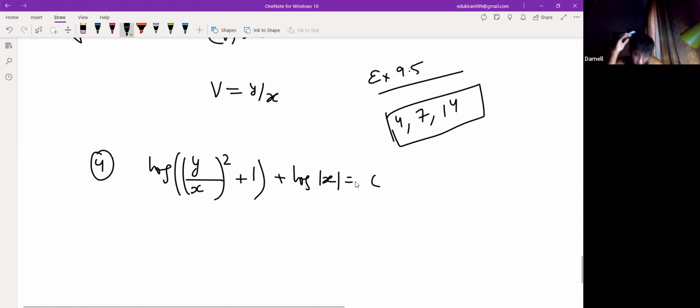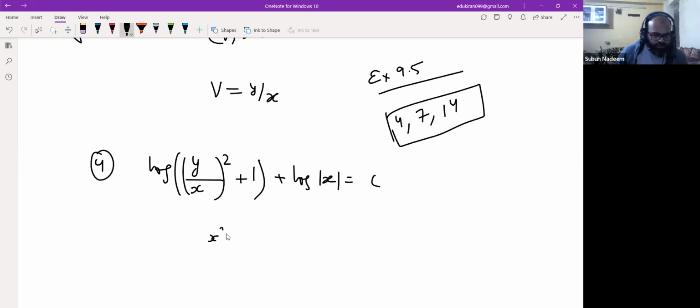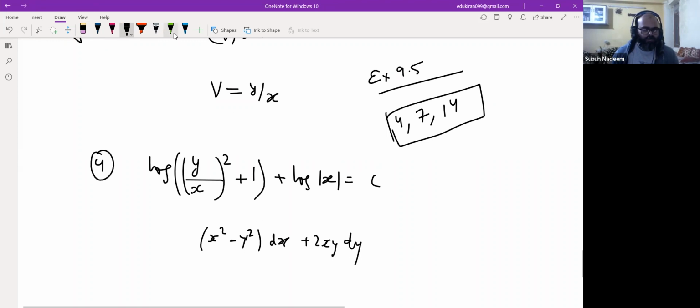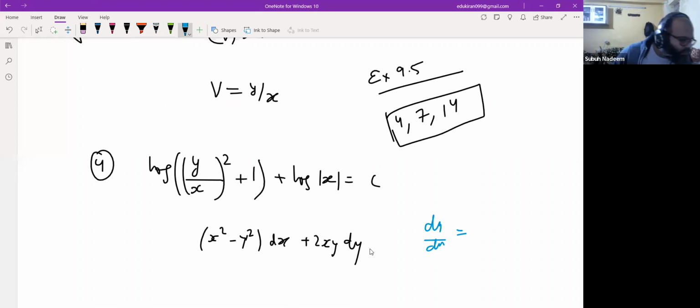Okay. So it was (x square minus y square) dx plus 2xy dy. And then we have dy by dx is equal to (y square minus x square) by 2xy.